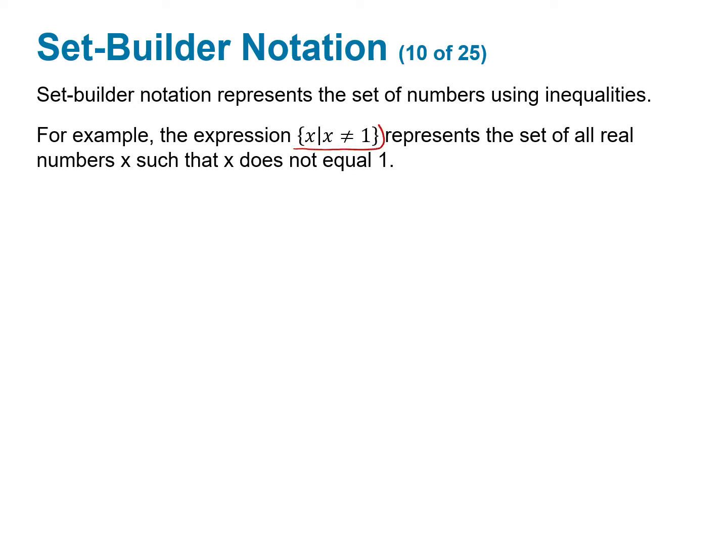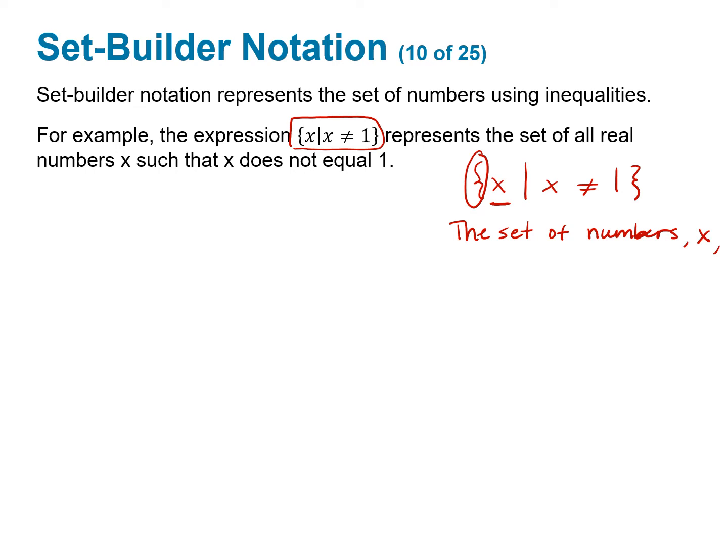So like, let's say this: curly bracket, X, line, X not equal 1, curly bracket. So curly brackets mean the set. This first X says the set of numbers X, like it just represents a whole bunch of numbers.